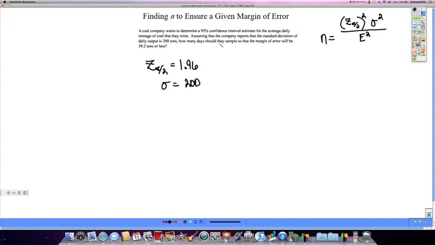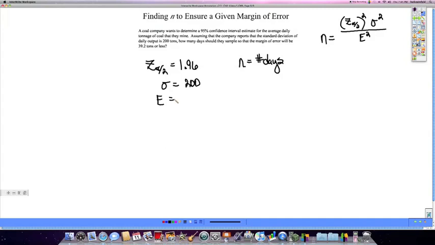And we are asked how many days should we sample, so N represents the number of days, and of course that's what we're looking for, so that the margin of error will be 39.2 or less.